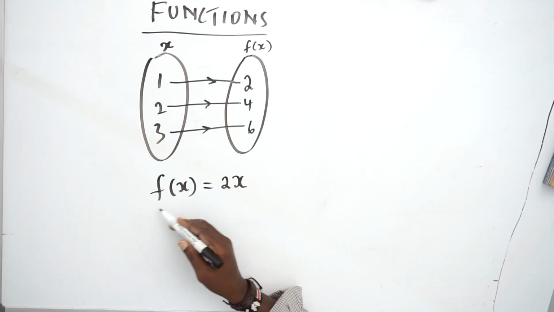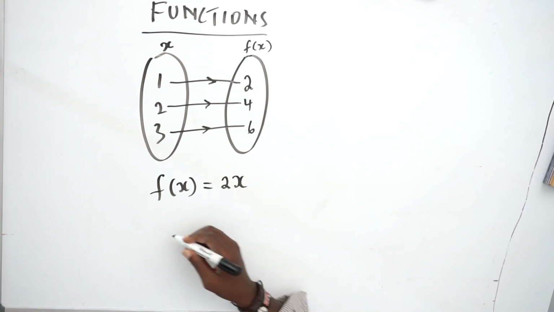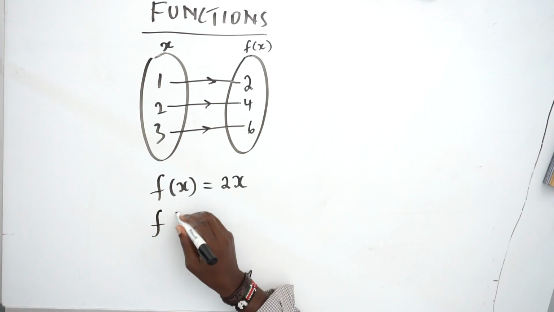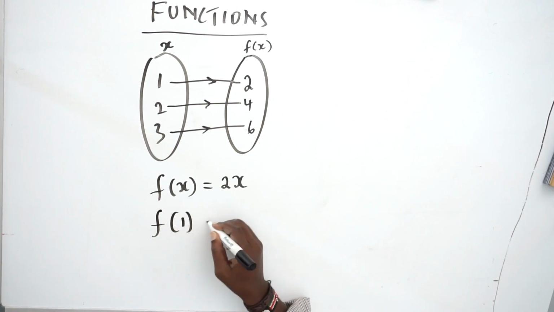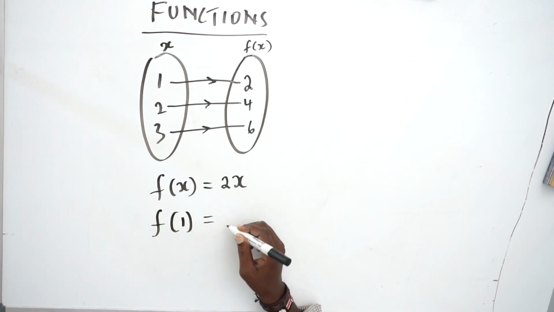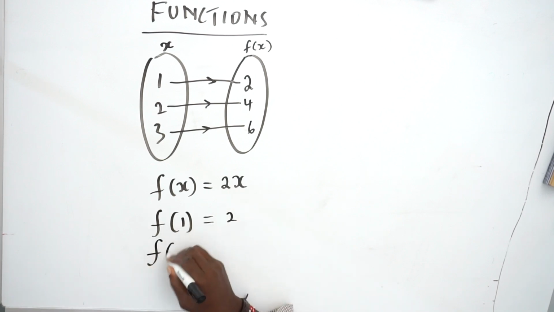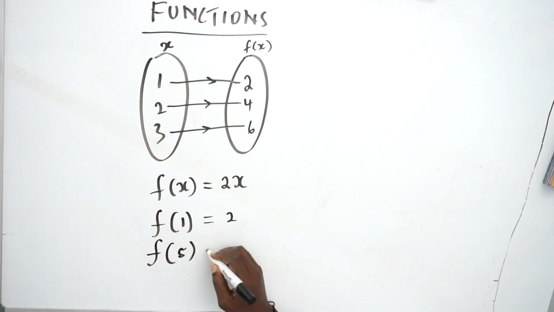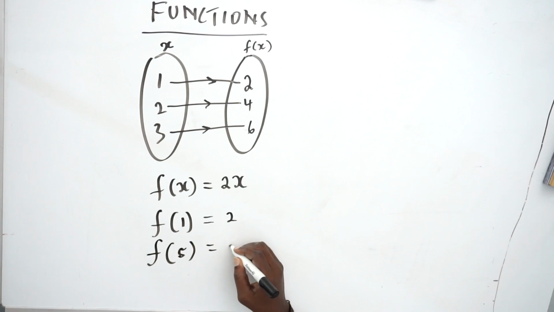Once we know that f of x is 2x, it is very easy now to find the image of 1. Say f of 1 will just be 2 times 1. Very easy to find f of 5. f of 5 will just be 2 times 5, 10.